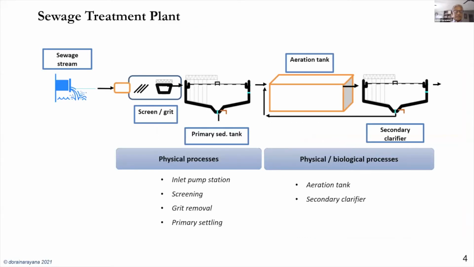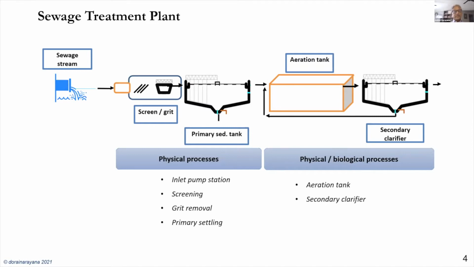So first, the introduction. This is basically a sewage treatment plant. We have adopted a common type, which is an activated sludge system. Most of you would know that it consists of physical processes and physical biological processes.